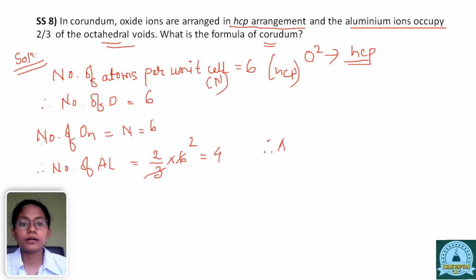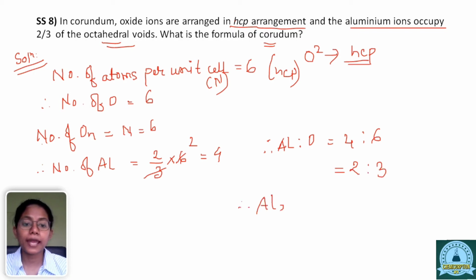Therefore, Al is to O is equal to 4 is to 6, which is equal to 2 is to 3. Therefore, the formula will be Al2O3. So, this is the formula.